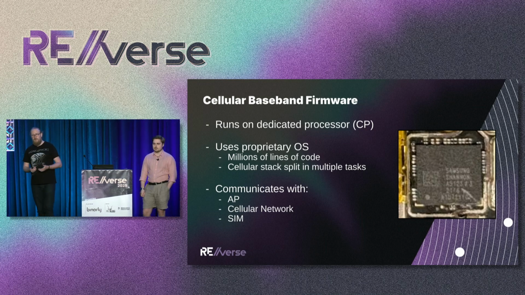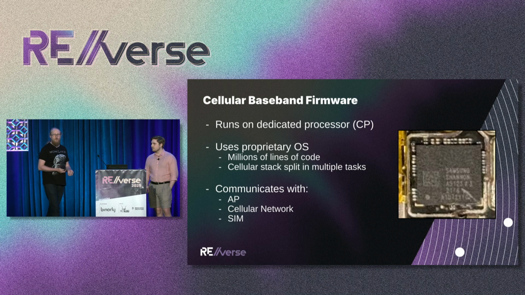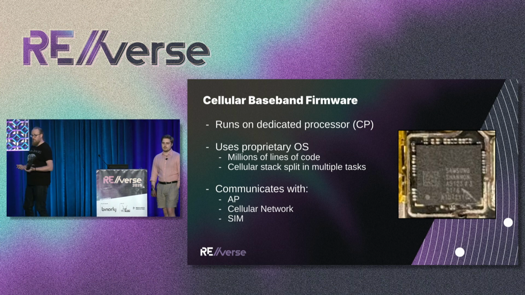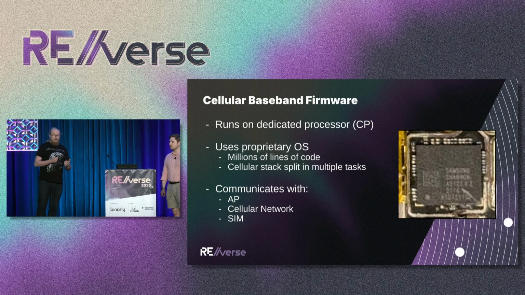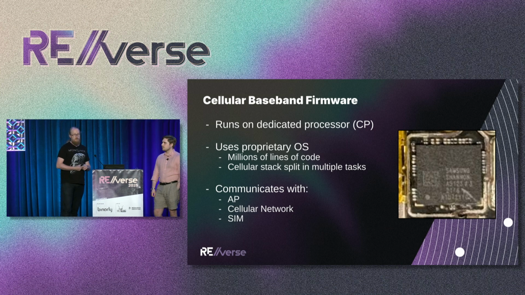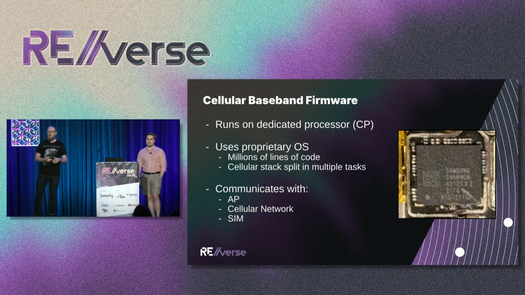So the cellular basebands are their own dedicated processors, called CP or cellular processor, which runs next to your so-called AP, the application processor, which has Android or iOS based on your phone model. The firmware on the baseband processor is highly proprietary, with a lot of lines of code, because it needs to implement the full cellular standard.